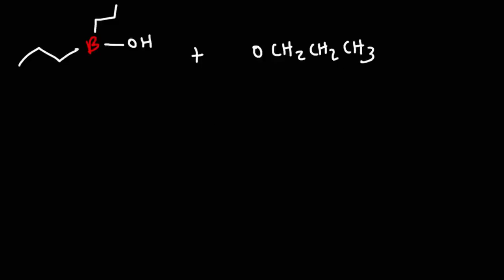So what we now have is a boron atom with 2 alkyl groups and an OH group. And we have a free alkoxide ion. This alkoxide ion is going to become our desired product because our goal is to get 1-propanol. So all we need to do at this point is react it with water.